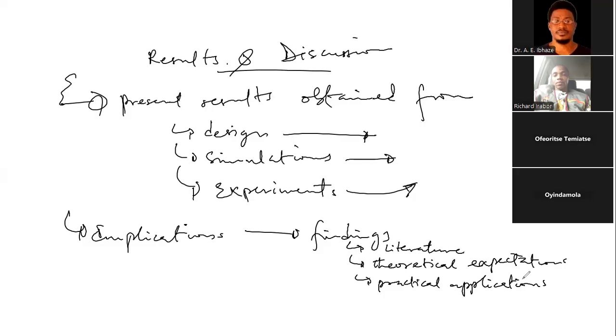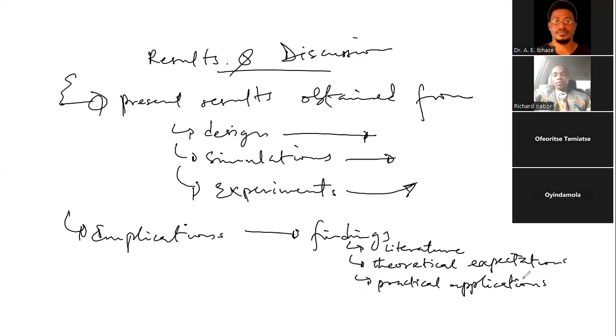So now it means that for you to have a particular project concern, that concern must address a problem that will be relevant not just to the academic community, but to the industry.